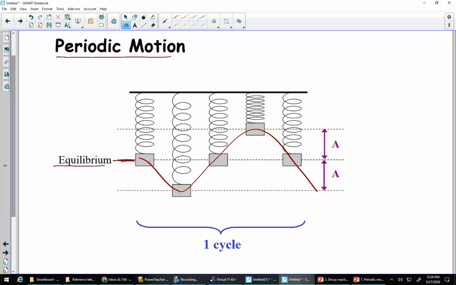That's where, if I had this little mass hanging from a spring, that's where it would like to go. If I were to pull that down, it would start to bounce and vibrate up and down and up and down. The amount of energy, or the amplitude, is how far, again, from that equilibrium position. So we're already starting to see lots of similarities between this and waves.